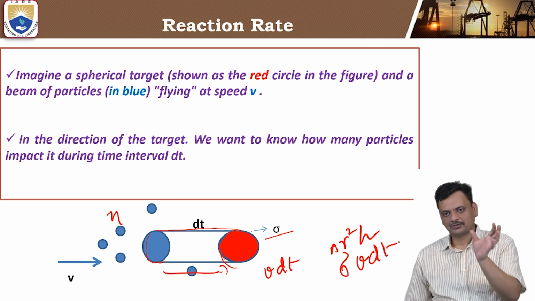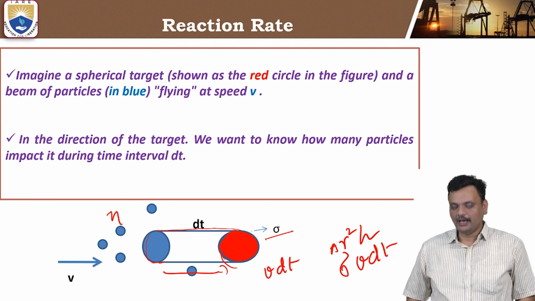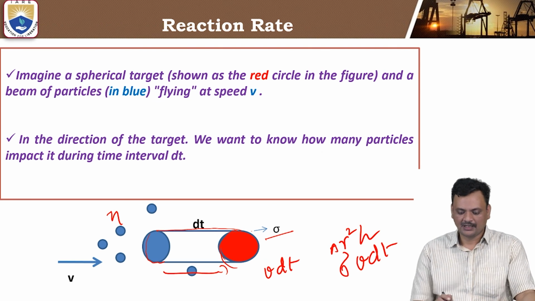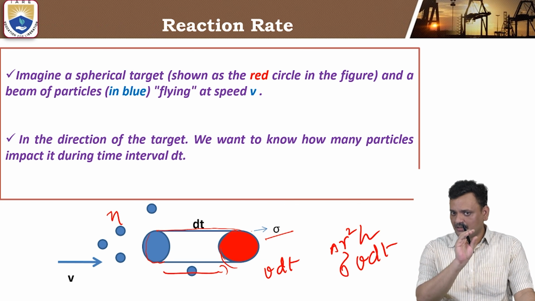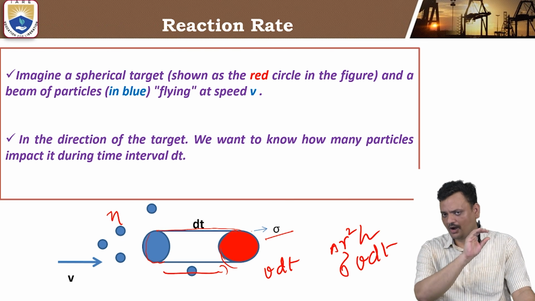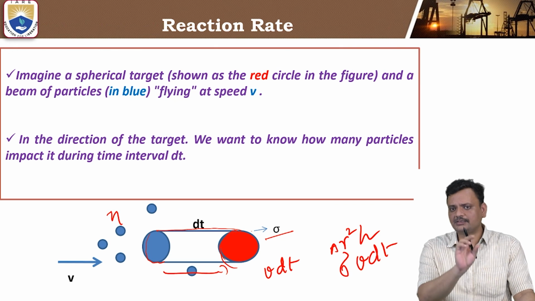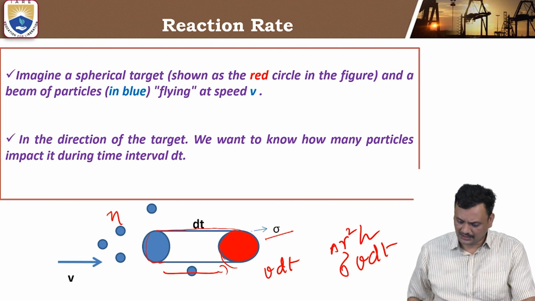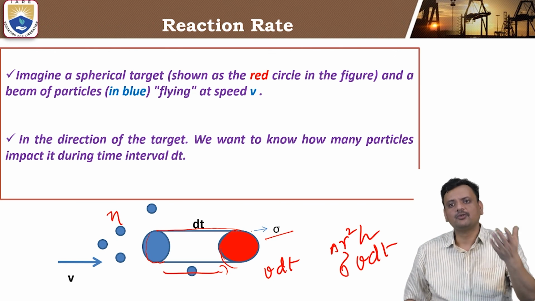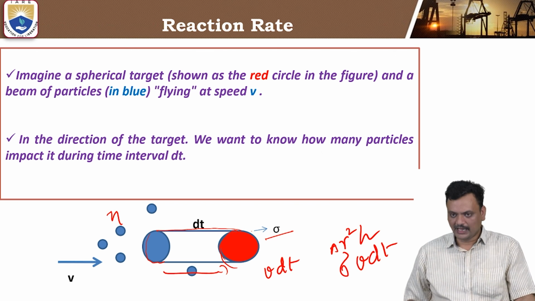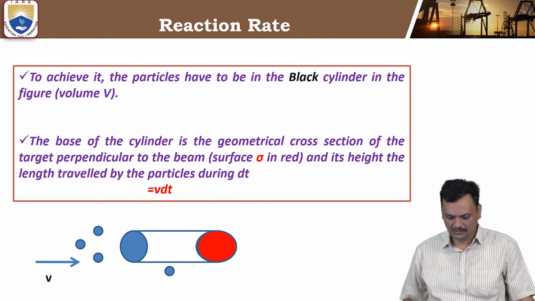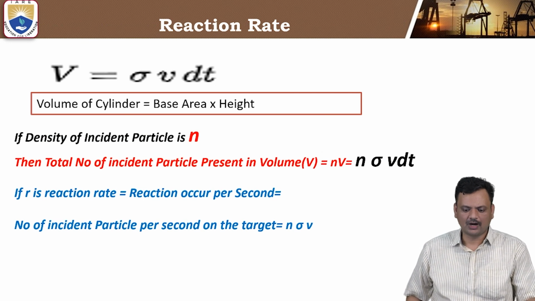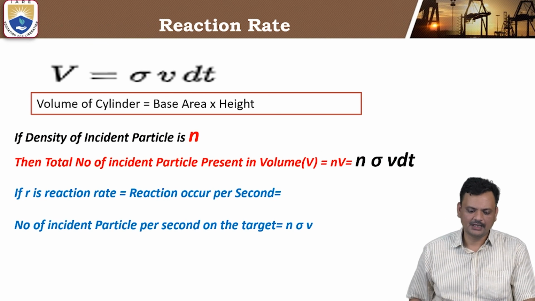All the neutrons contained inside this hypothetical cylindrical volume will go for reaction. The same thing is written here. So the volume is sigma v dt.